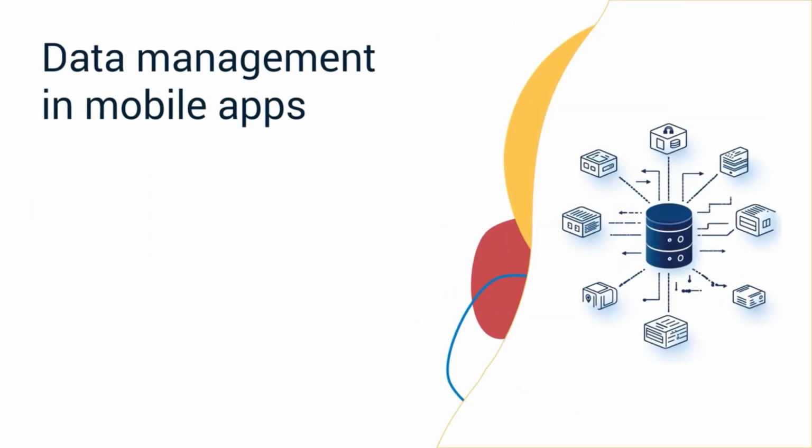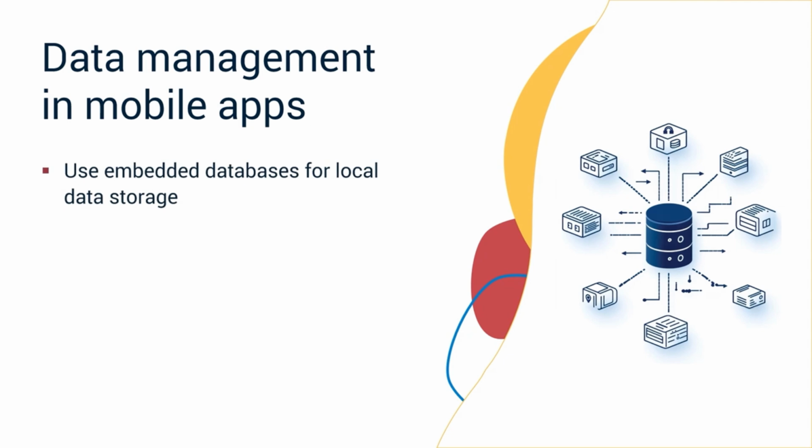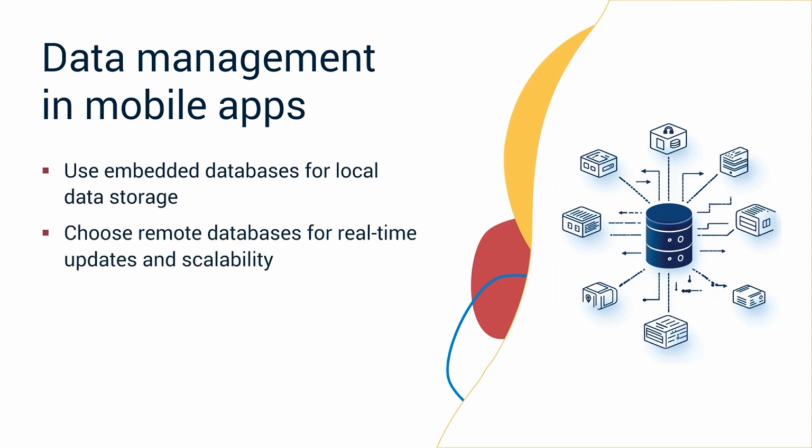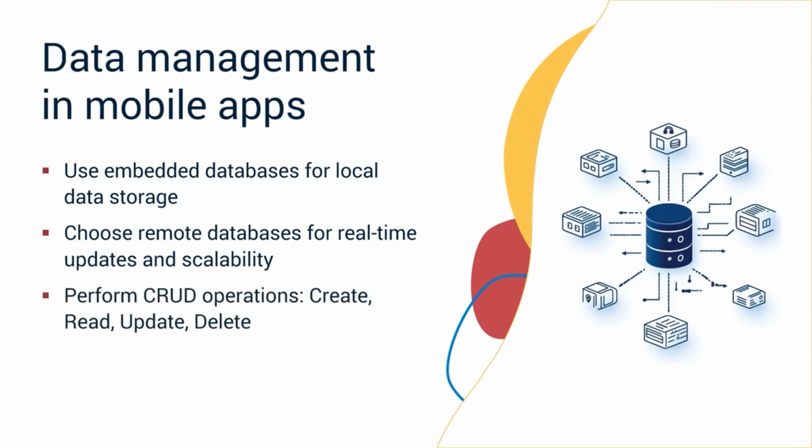Databases help store and manage app data. Embedded databases store data locally, while remote databases provide scalability and real-time updates. CRUD operations, create, read, update, and delete, are essential for managing data in embedded databases. Remote databases are more flexible for apps that handle large amounts of data or need real-time syncing.